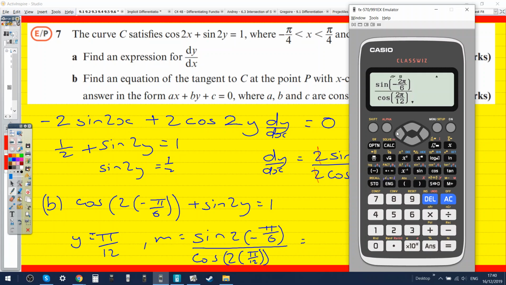I did sine 2 times minus pi over 6 over cos 2 times pi over 12, and my calculator says minus 0.5497, long numbers. So your 2 is out here, is it? Yeah, I did it like that. And the other 2 is also outside?